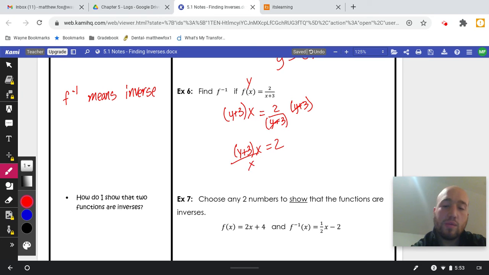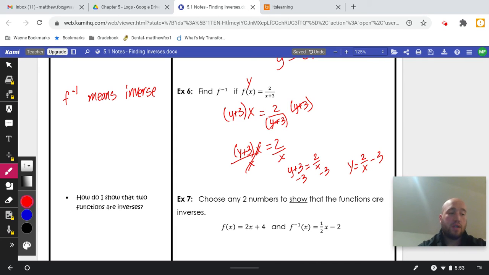So if we divide by x on one side, we got to divide on the other side. These will cancel out. We're left with y plus 3 equals 2 over x. And final step, then subtract 3 from both sides. And we'll get y equals 2 over x minus 3. And that would be our inverse.